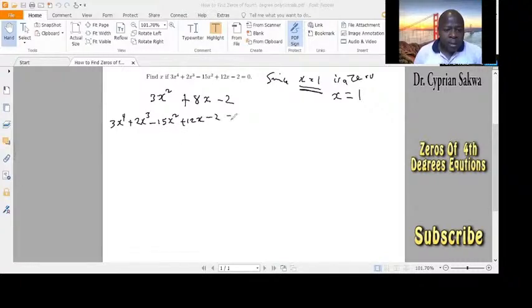It can now be written as x minus 1, and instead of that cubic equation that we had, we have seen that it can be written as x minus 1 multiplied by this quadratic equation, which is 3x squared plus 8x minus 2.